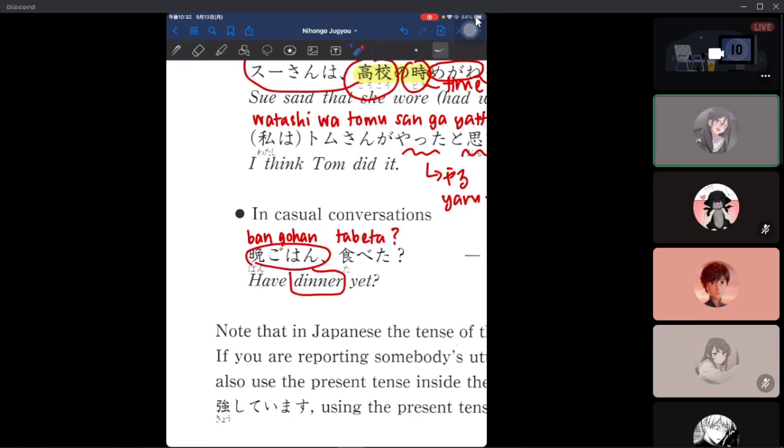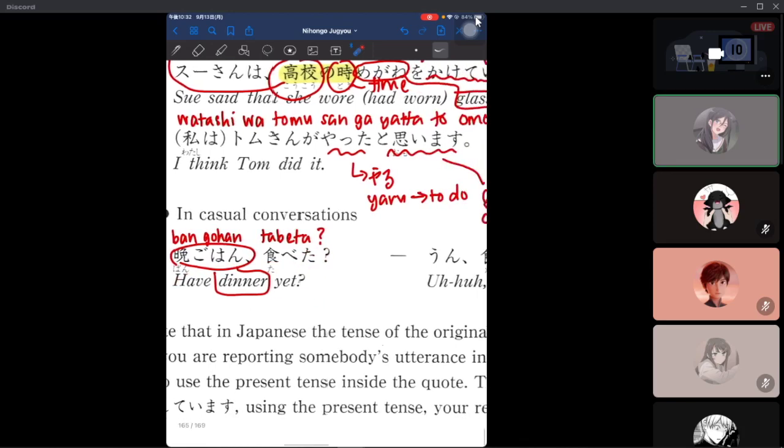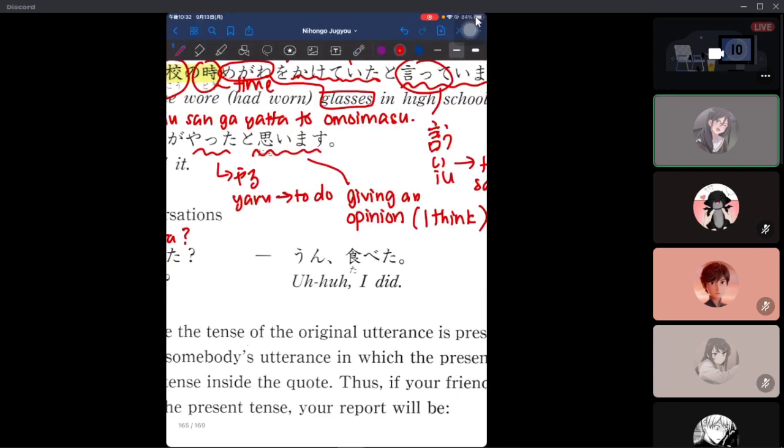晩ご飯 means dinner. 食べた, since this is informal speech, you just say 食べた with a question mark: have you had your dinner yet? ご飯食べた? And then the reply would be 食べた, which represents yes.